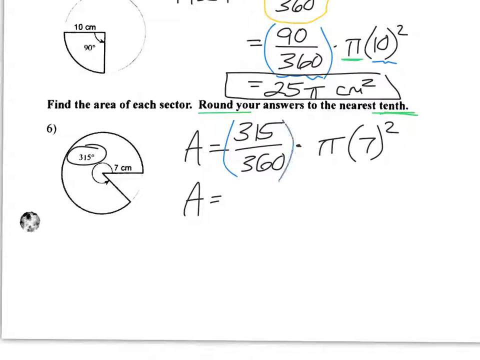Remember parentheses here. So parentheses 315 divided by 360, close parentheses, times pi, parenthesis 7 squared, and I get 134.7, to the nearest tenth, and that's in centimeters squared.